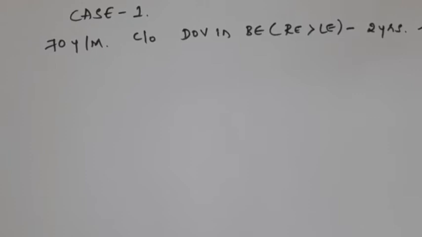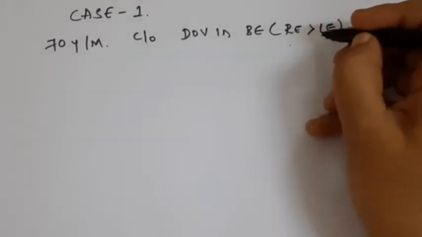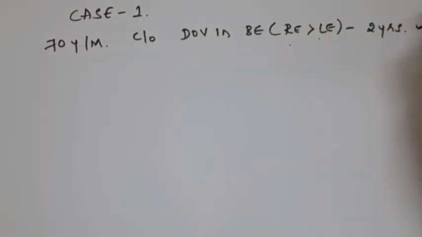Case 1: suppose a 70-year-old male patient complains of diminution of vision in both the eyes, right eye more than the left eye, since 2 years. So this is his chief complaint. You know how to elaborate this diminution of vision.